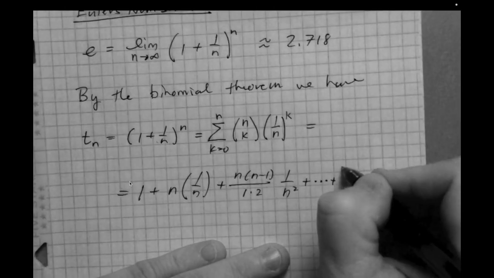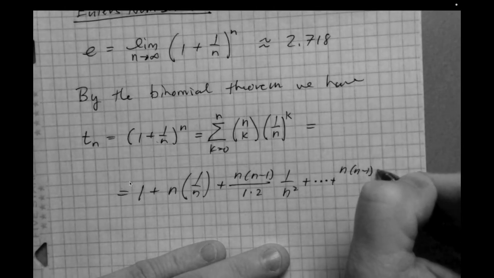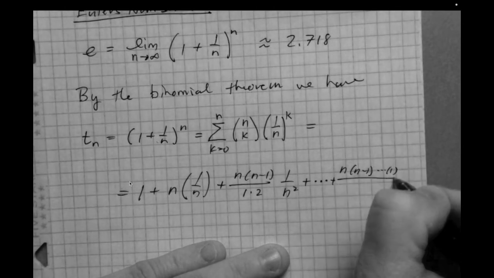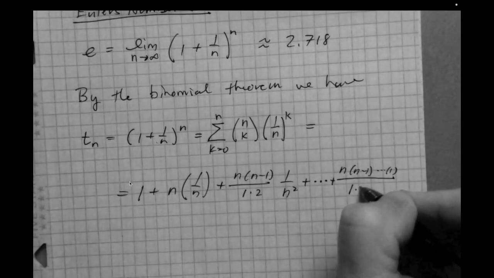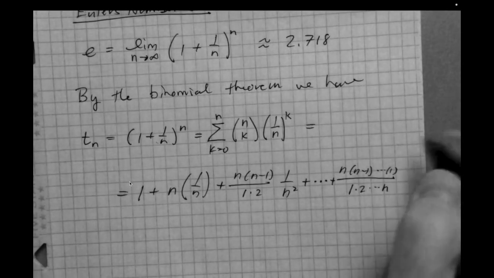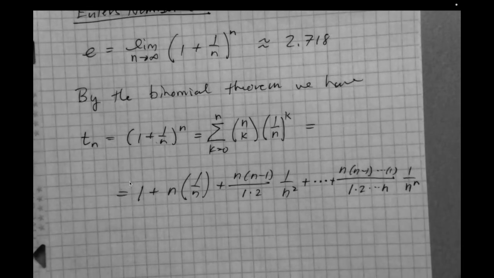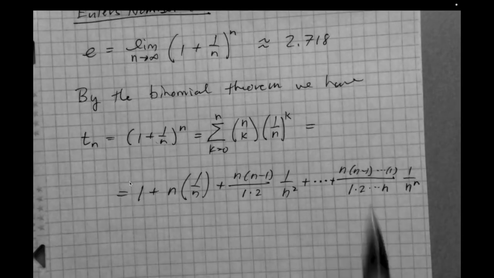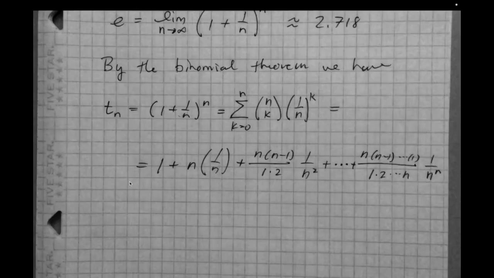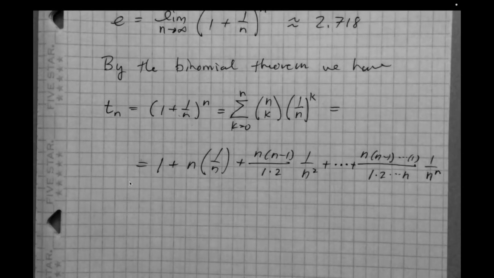And then ultimately you would get to n times n minus 1 times 1 all over n factorial, 1 times 2 dot dot dot n, and this would be all raised to the 1 over n to the n power. Oh, sorry, so this would be 1 over n raised to the n power, right? So this would be the expansion of this guy here.